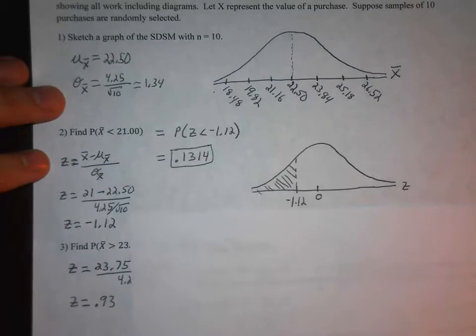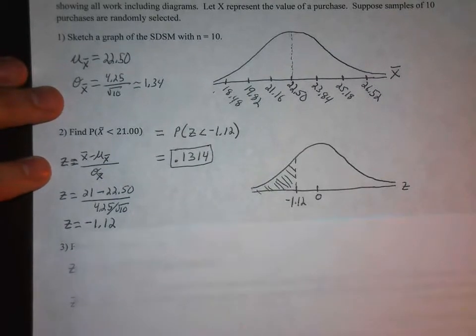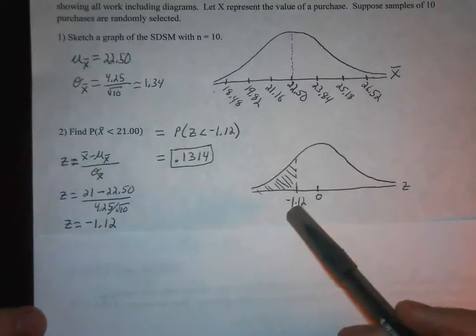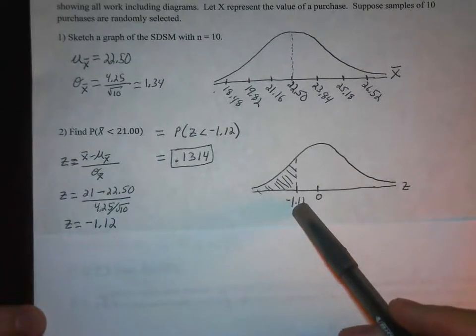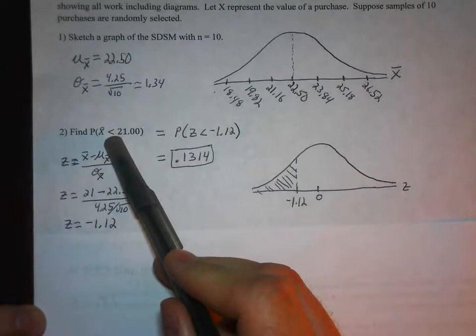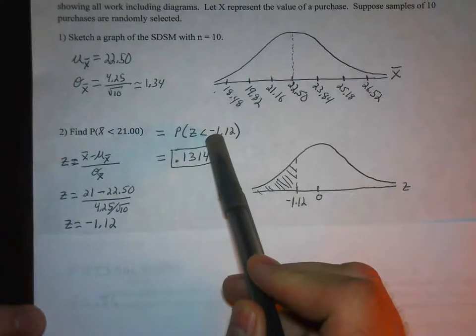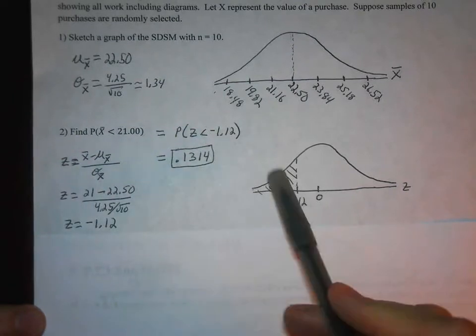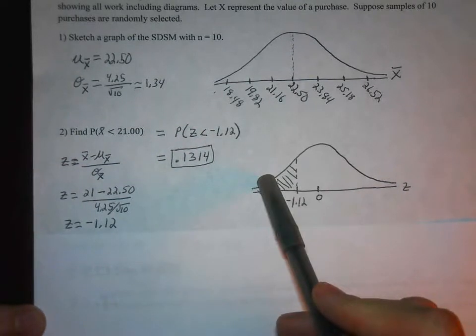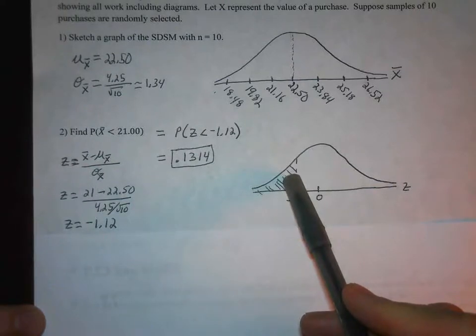So you put that on a graph. Negative 1.12. We want to be less than that, so we shade to the left. You look this up in your Z tables, or use your calculator, the normal CDF, which I showed you in the normal curve chapter.